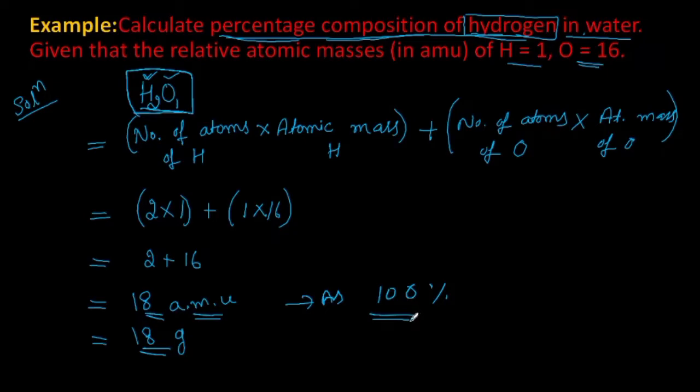Clear? But now what we have to find? We have to find what is the percentage of mass of hydrogen present in this 100%. That is our problem. Now we will find how many percentage by weight hydrogen is present in this 100%.